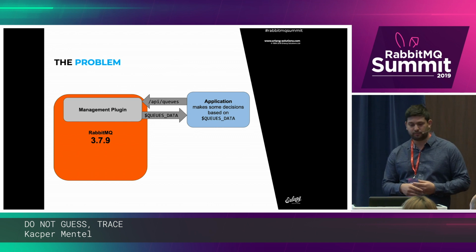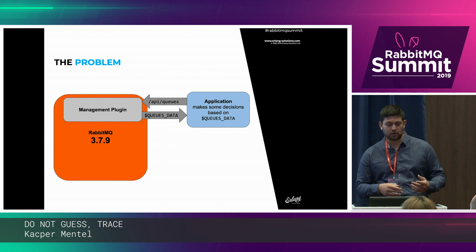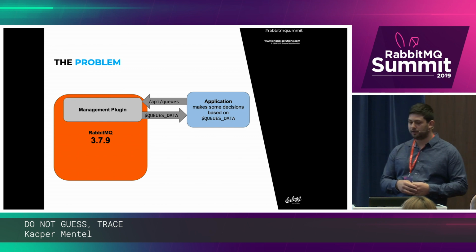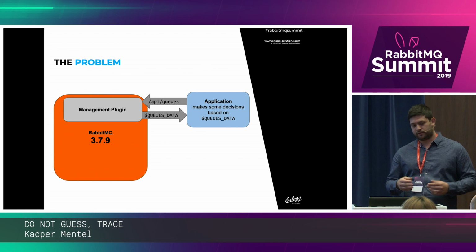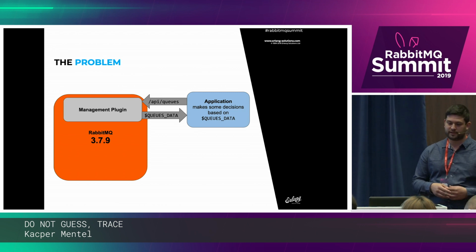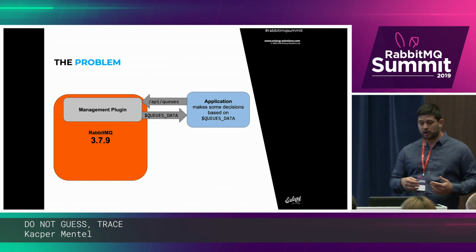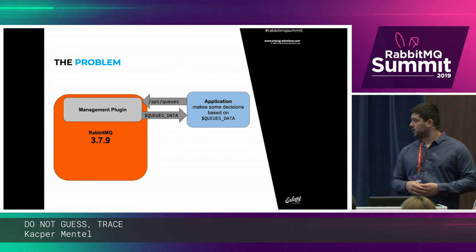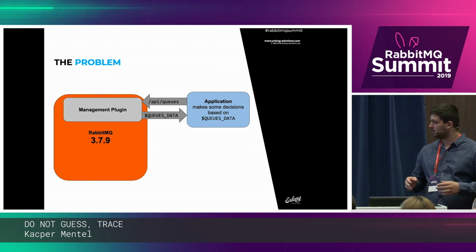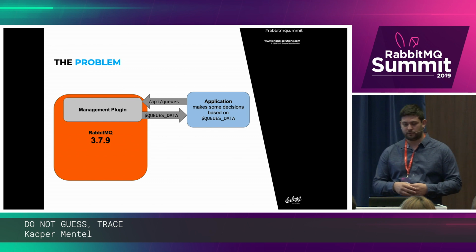That diagram depicts what the system looked like. So we have a RabbitMQ node with the management plugin enabled. The management plugin is a component that allows you to manage RabbitMQ to some extent. It also gives you some insights into the system and allows you to get some data, some statistics related to the RabbitMQ installation.